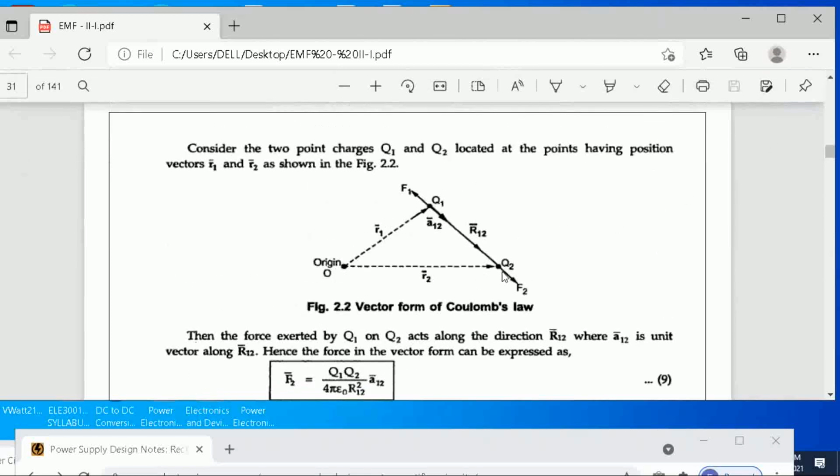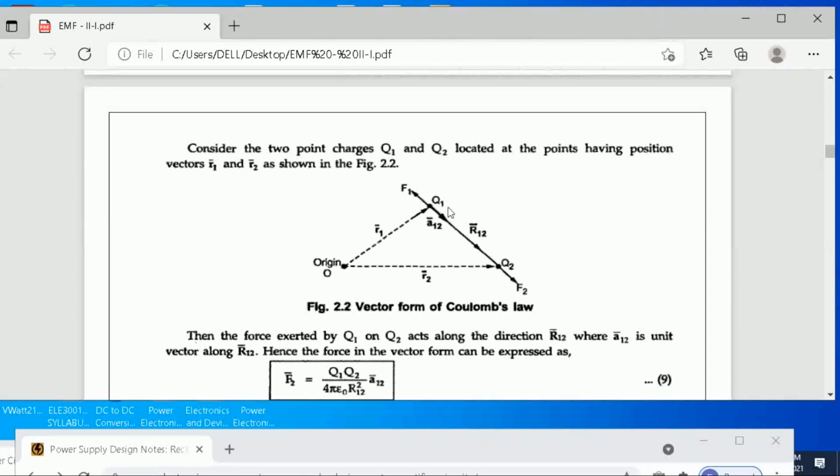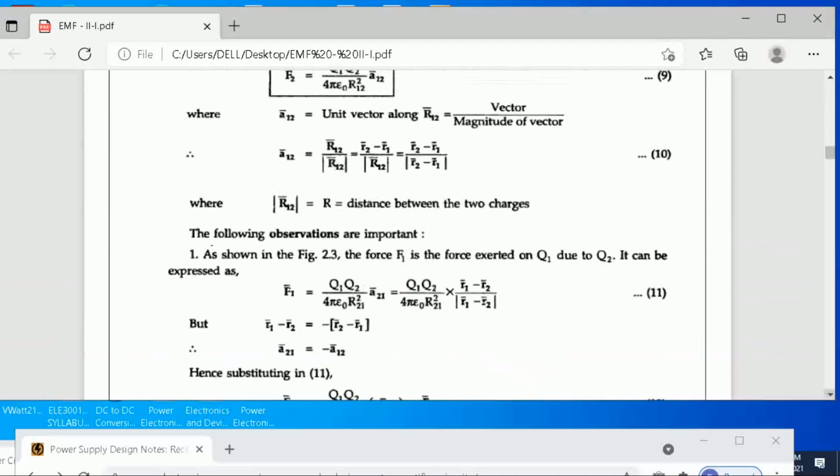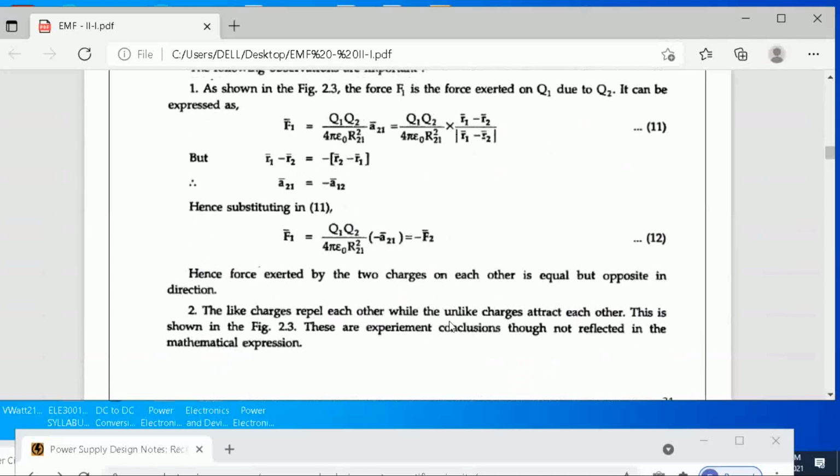The force F1, which is the force exerted on Q1 due to Q2, is minus F2, which is the force exerted on Q2 due to Q1. Did I say that right? Or vector F1 is minus vector F2.